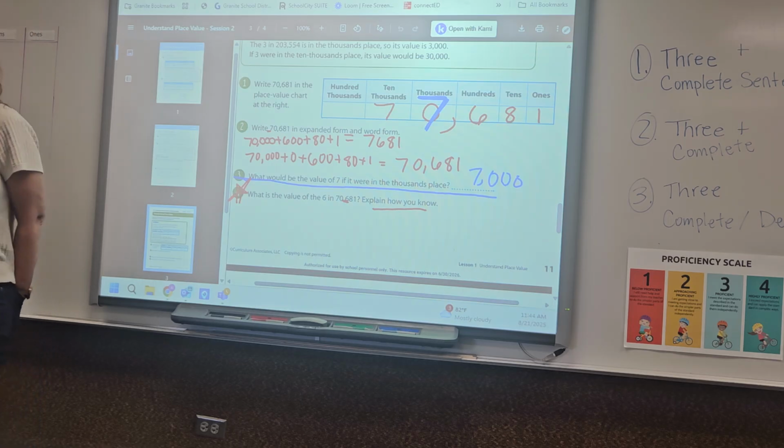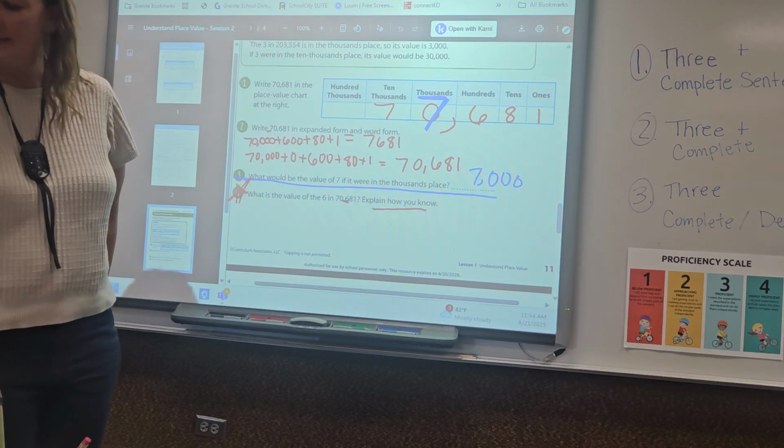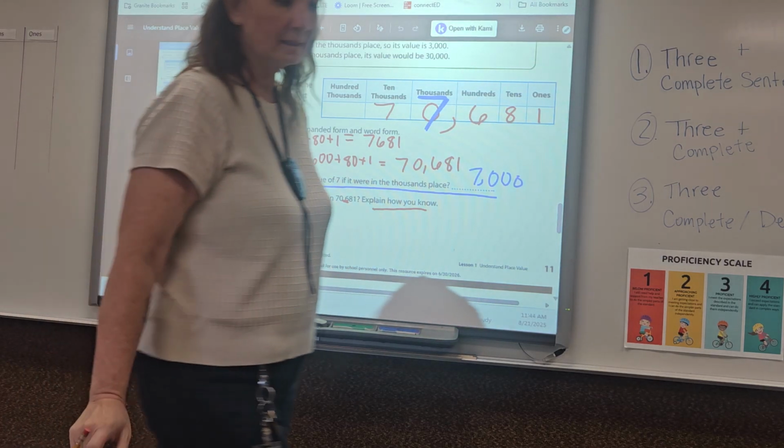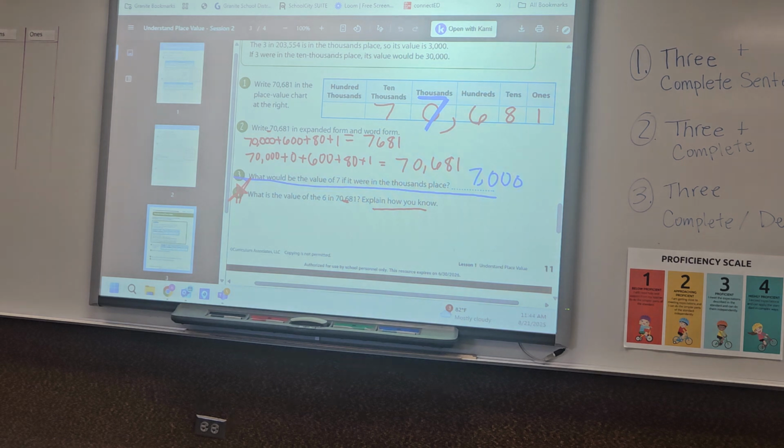Nope. So I saw lots of good ones. He started with a capital I, he started with a capital, she started with a capital, he started with a capital. Good. Capitals, periods, nice handwriting, explaining.